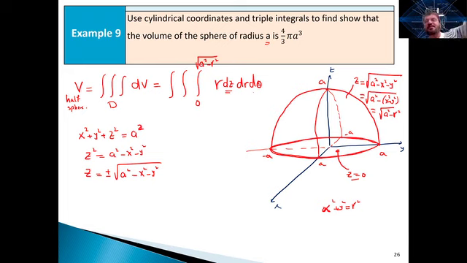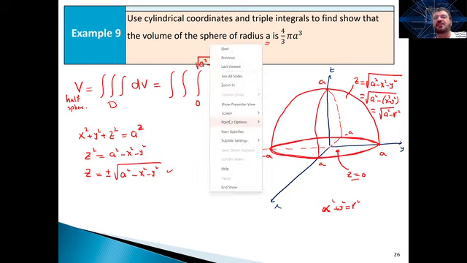So this is the bottom and the top of the surface. Go from the bottom, z equal to 0, to the top, which is the equation of the top, but I can factor out the minus, and we know that x squared plus y squared is equal to r squared. Now what do we do, guys? We're going to take the base.